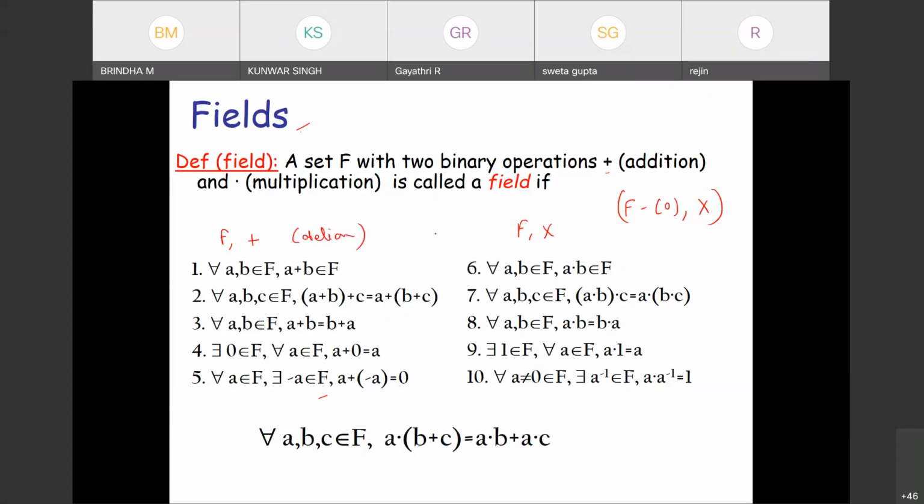Abelian group means A into B is equal to B into A, and A plus B equals B plus A. And then one more property is distributive: A dot (B plus C) equals A dot B plus A dot C. So any set which is two groups, first with addition a group, and second the same set excluding 0 a group, and third the distributive property, then it will be a field.